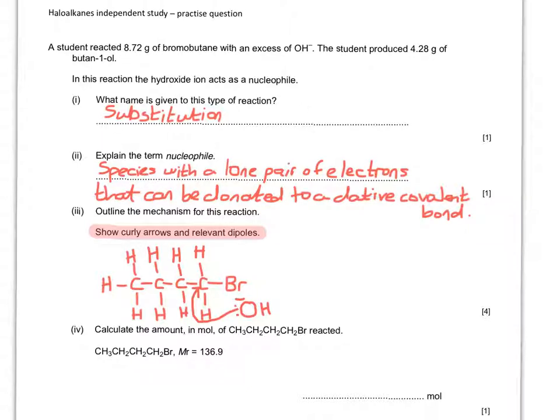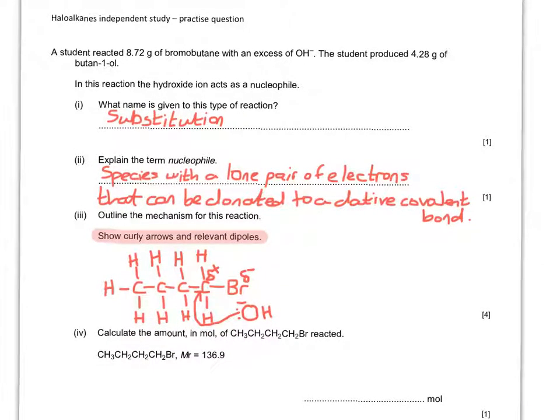So notice how what I've done is I've taken my curly arrow and drawn it around the back of the carbon like we talked about earlier. Why do we do this? It's because just like before, the bromine atom is slightly negatively charged, so that's going to tend to repel the negatively charged OH-. So the actual OH- moves in behind and attacks that way.